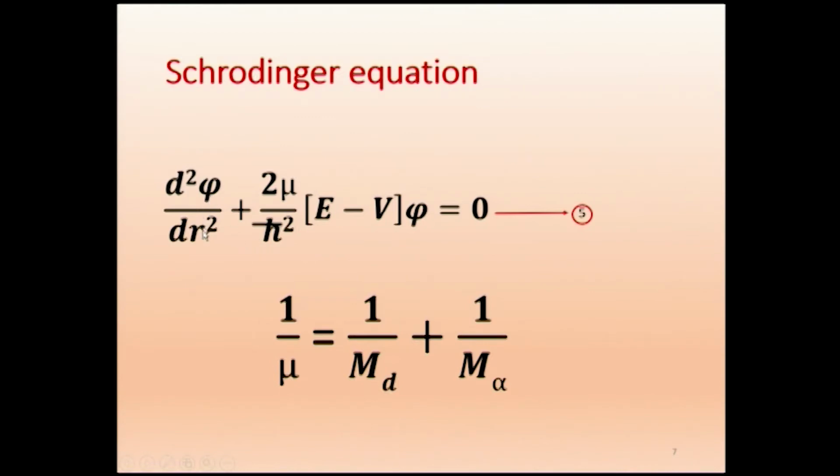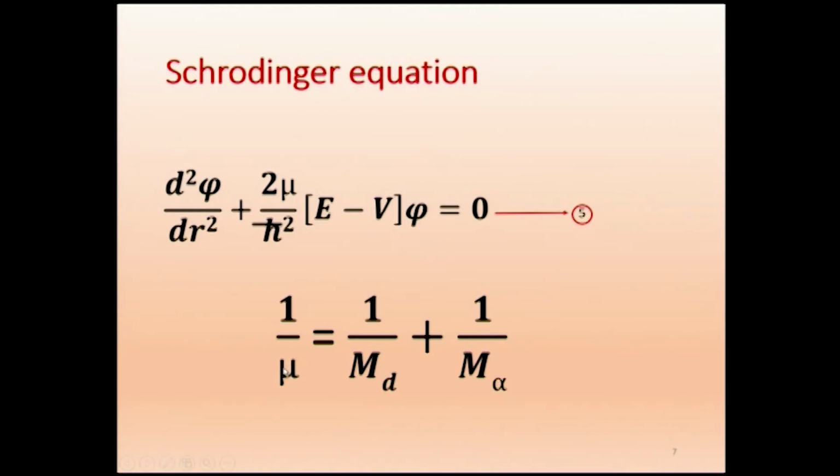That is the wave function. R is the distance from the center of the nucleus, as the particle wave comes out. Mu is the reduced mass, E is the kinetic energy, and V is the potential energy. What is this mu? How do you get this mu? It is the reduced mass.